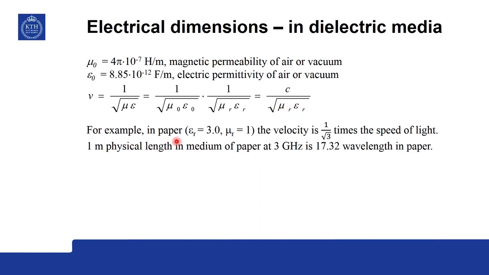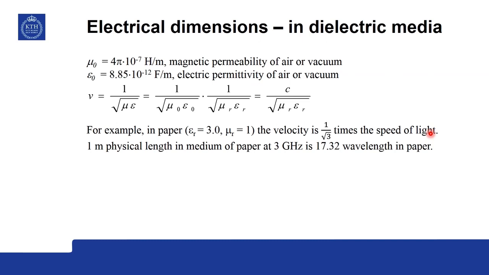For example, in paper mu r is 1 and epsilon r is 3. So, the velocity is 1 by square root of 3 of the speed of light. So, 1 meter of physical length in the medium of paper is 17.32 wavelengths in paper.